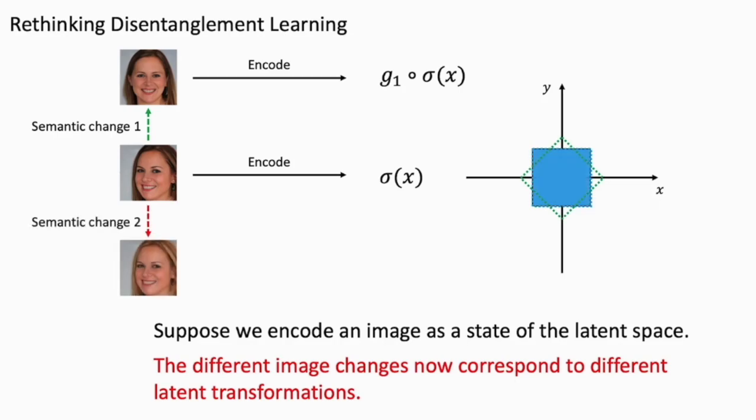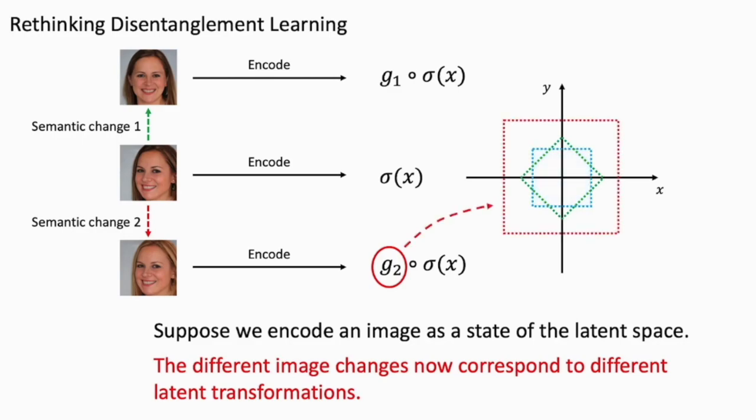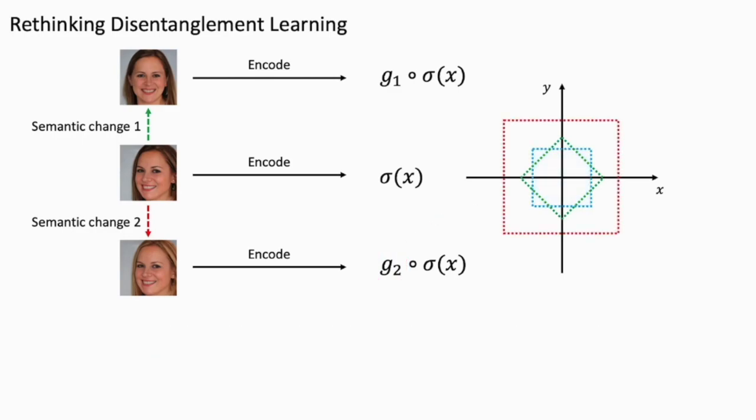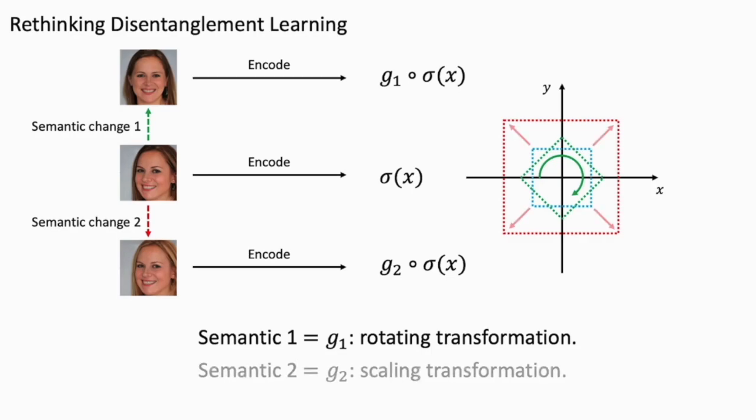For another semantic change, we will use another type of transformation to act on this space. Here we show an example of scaling transformation. These transformations are clearly different. In this case, we distinguish the two semantic changes by two types of transformation on the latent space.